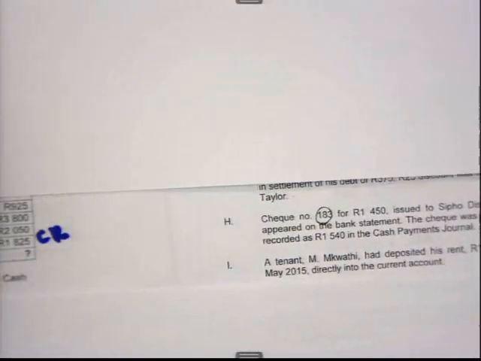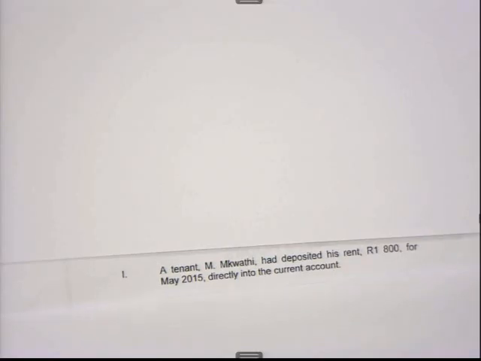We move to our next information, which is information I. Right? Information I. A tenant, M. Mkwati, had deposited his rent, 1,800, for May 2015 directly into the current account.